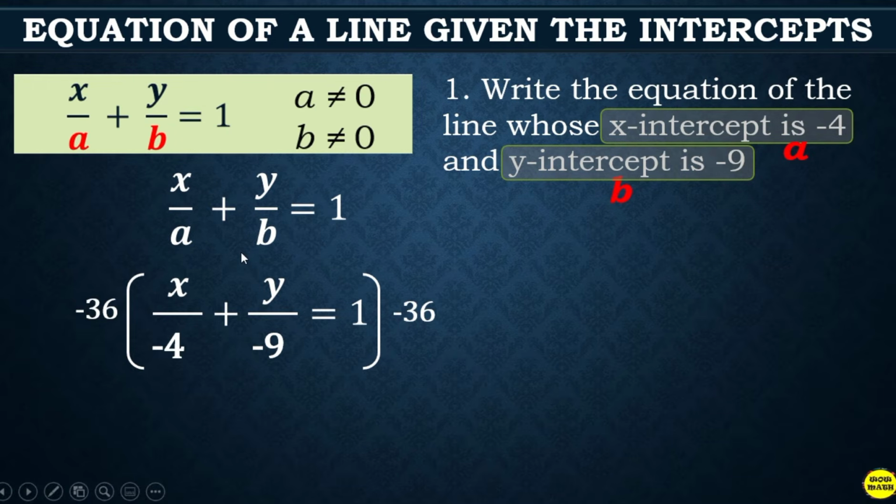Okay. But the question is, bakit negative ang ginamit ko? Bakit hindi 36? Bakit negative 36? Okay? So, lagi mo titingnan itong first term mo. Since negative ito, tingnan mabuti ha, kapag negative ito, automatic yung equation mo, magre-result siya ng negative sa unahan.